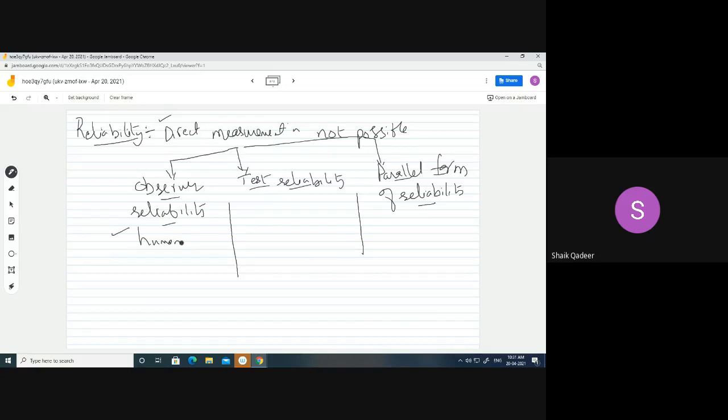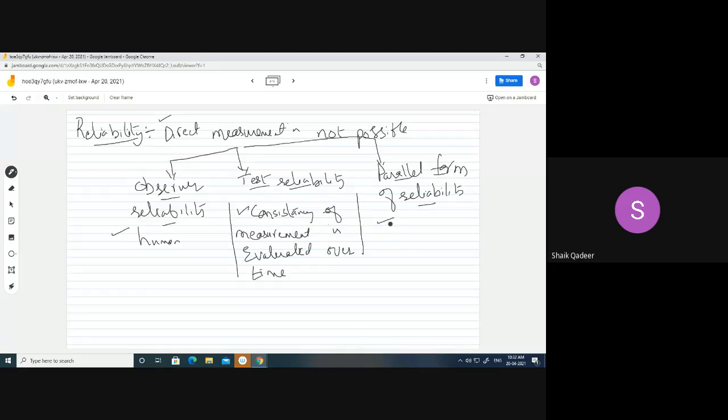In case of test reliability, the consistency of measurement is evaluated over a certain time. That can be used in order to comment on test reliability.